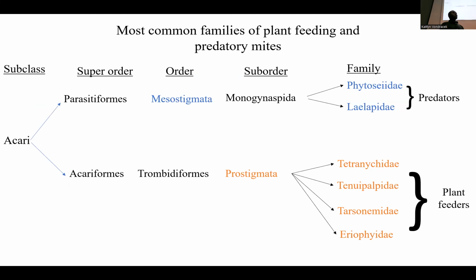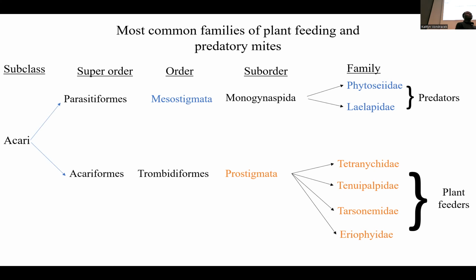To go into the nitty-gritty of this group, the Acari, we divide it into two major superorders that are really important for us. We have the Parasitiformes, and if you hear Parasitiformes, they're mainly parasites. And then we have the Acariformes. The orders of those groups that are most important, for example, in the Parasitiformes, we have Mesostigmata. Mesostigmata has important families for biological control.